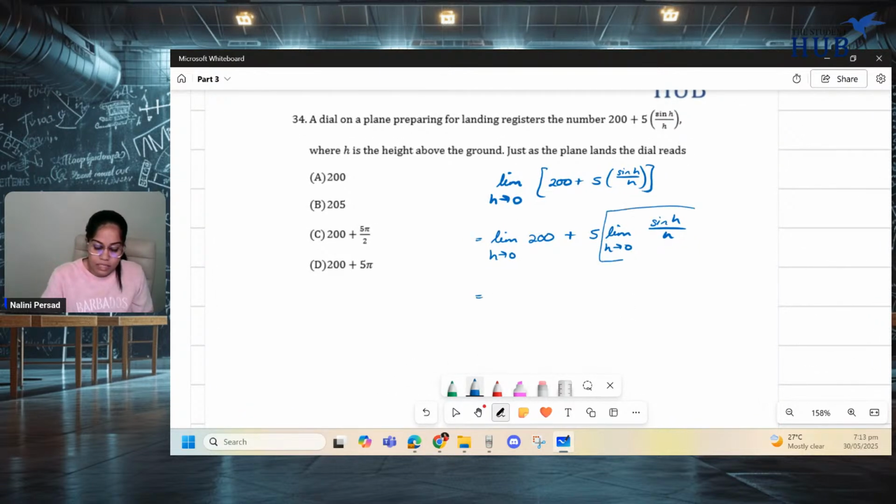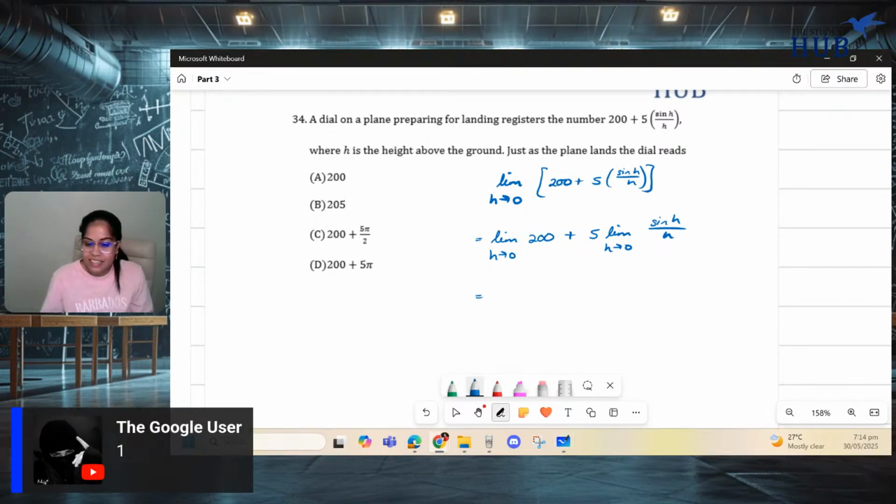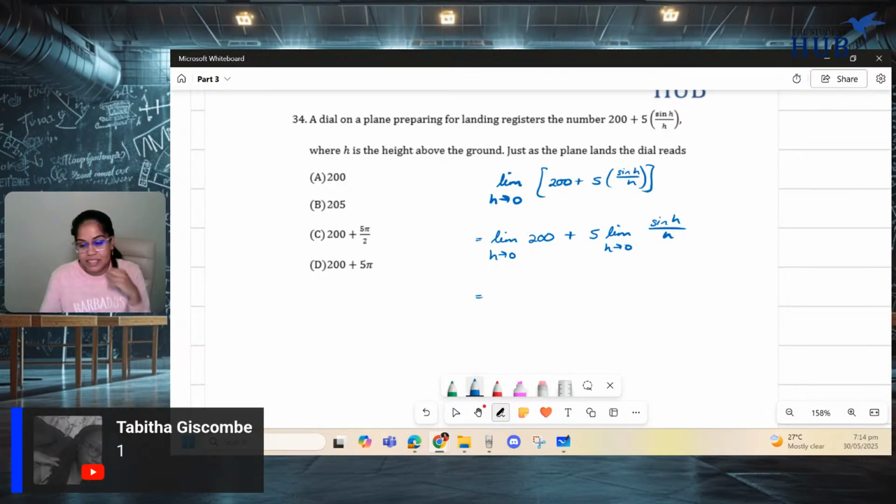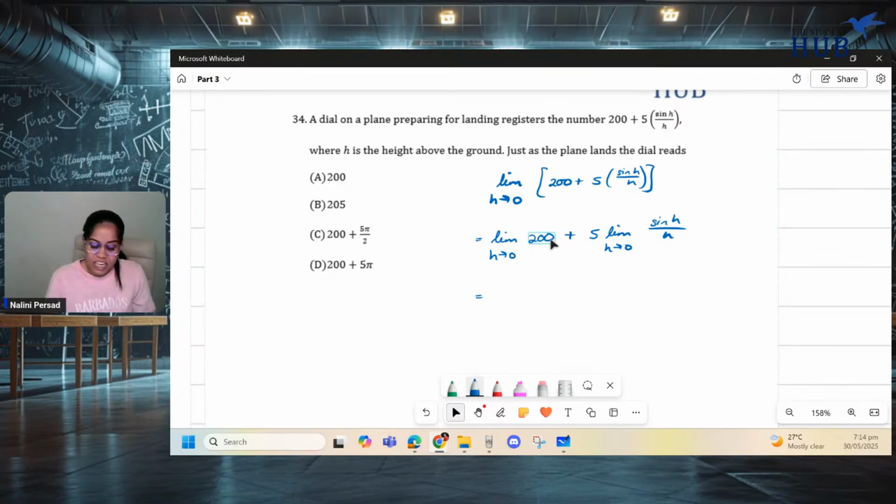What is the limit of a constant? It's 1, that's right, Tabitha. The limit of a constant is the constant, and the limit of this special one is 1. So we have 200 plus 5, which is 205. Answer choice B.